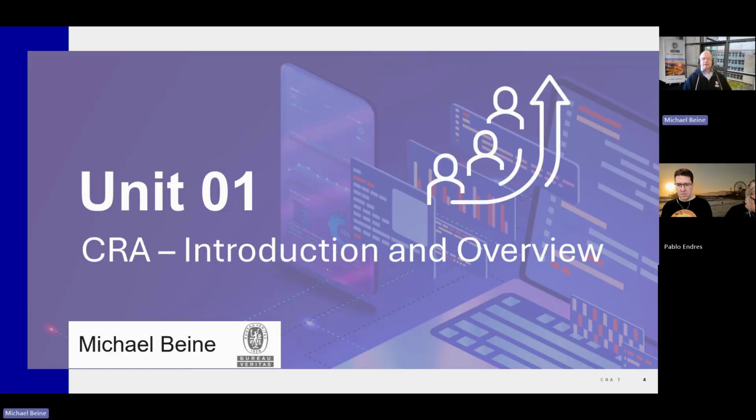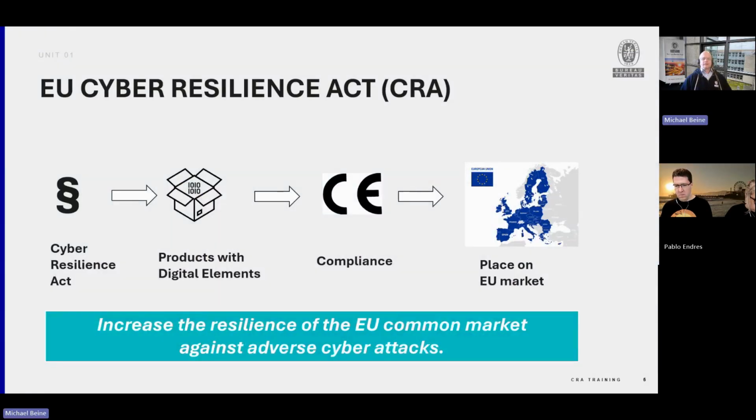Okay, now let's start into the first unit, the overview and introduction of the Cyber Resilience Act. So what is the Cyber Resilience Act? It is a law, a European legislation, enacted already in 2024, and it does not need to be transposed into national law.